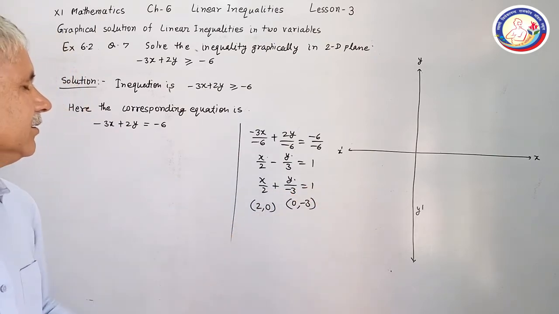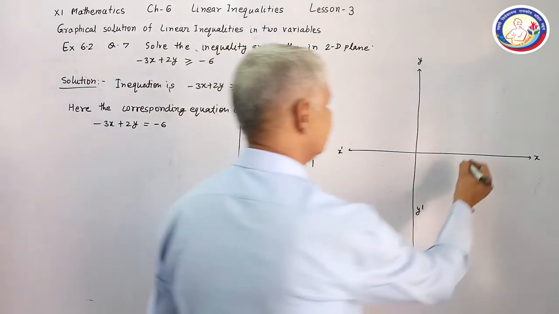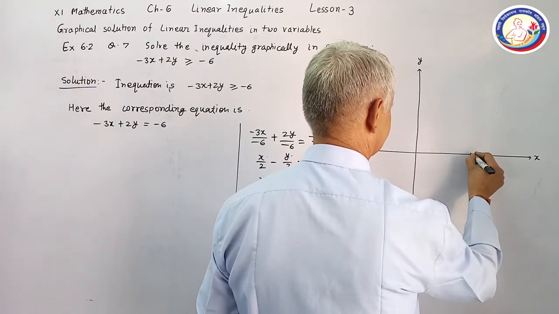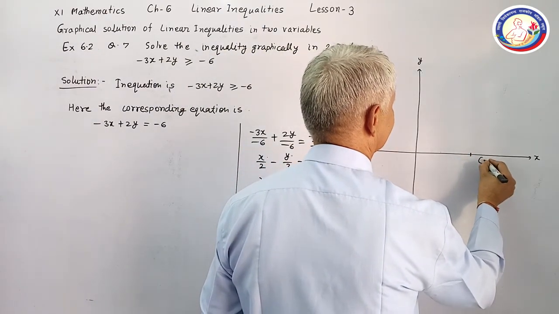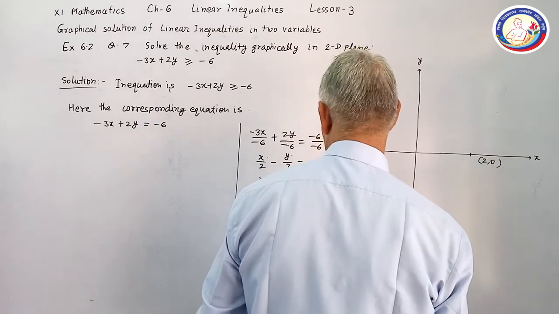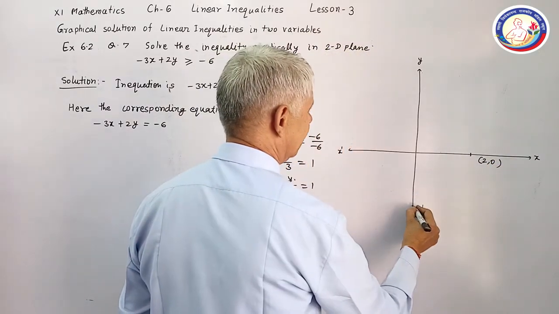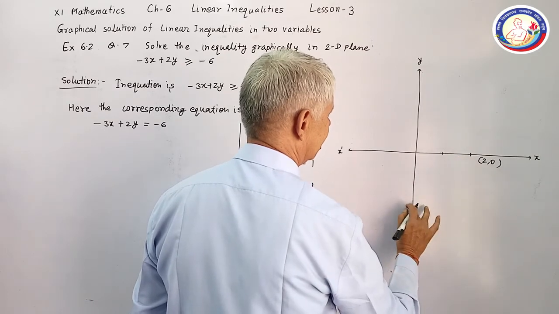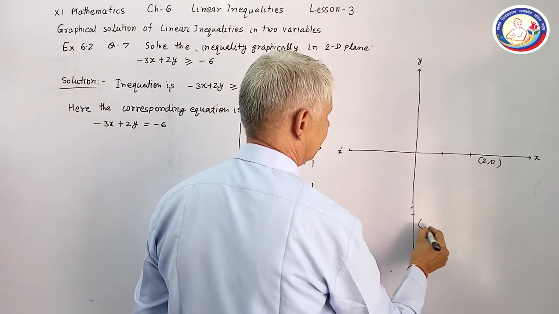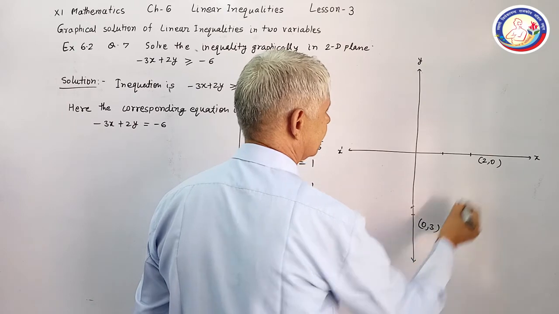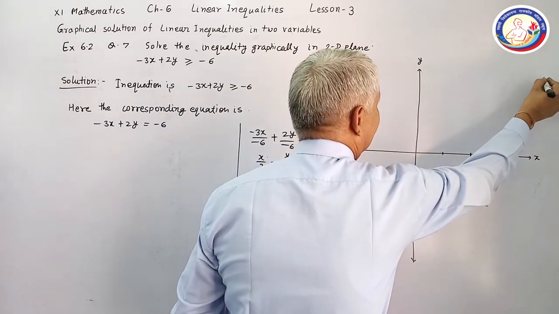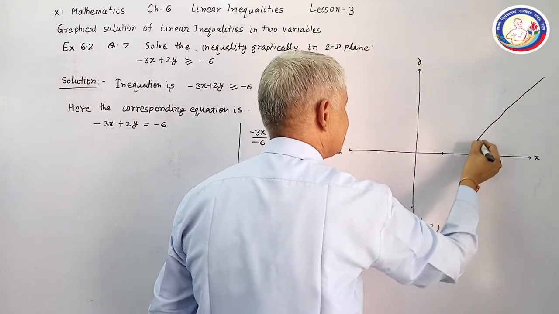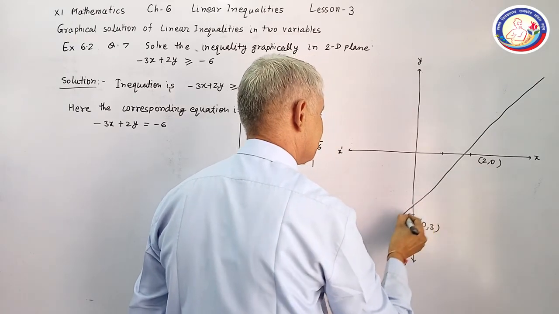So where is 2, 0? This is 2, 0. And where is 0, minus 3? This will be here. So this is 2 units, then this will be 3 units. This will be 0, minus 3. Join them, you will have the line.